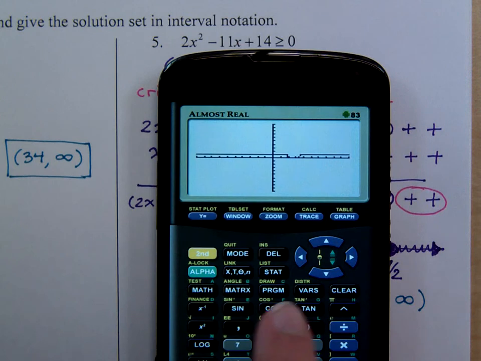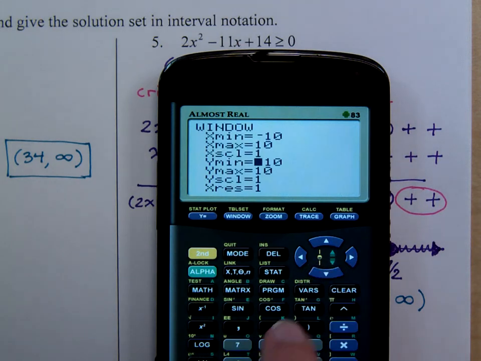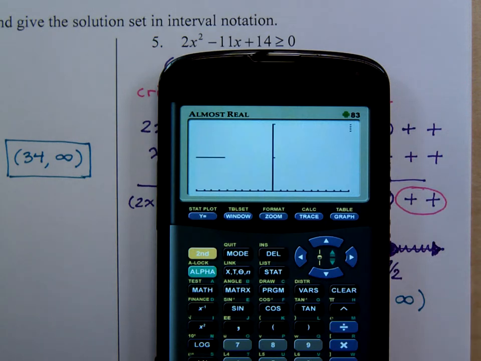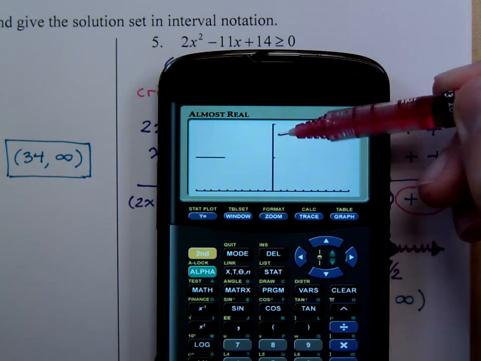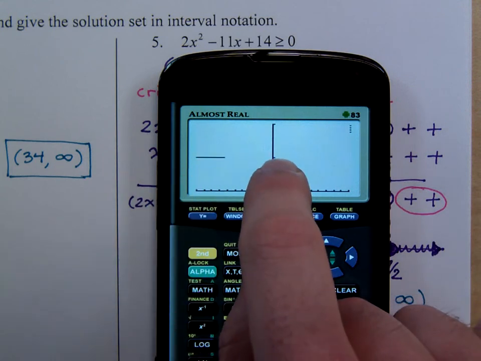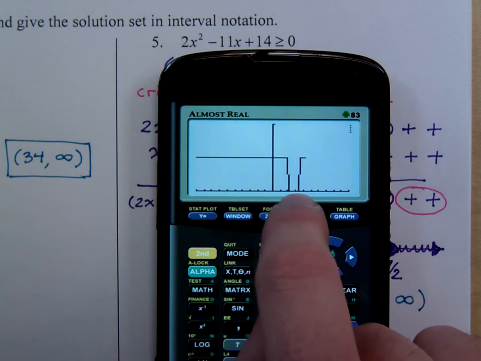If we change the window, you can see this a little bit better. Change the y min to 0, and change the y max to 2. And we're going to pause the graph for just a second. You see going from 0 to 2, so you can clearly see when it's going across, here's when the values are true. And when it dipped down right here, that's when it was false.